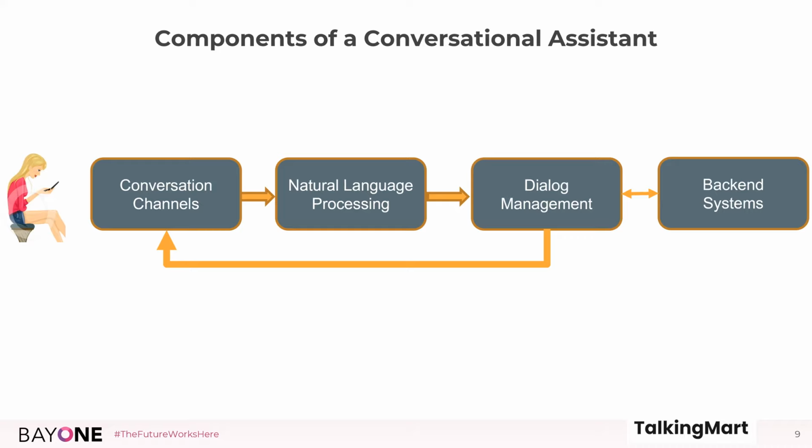Let's now dive a little deeper into what are the key components, key architectural components of a conversational assistant. Okay. The way I see it is it breaks down into 4 sort of major components of the system. And you will see this is not exactly path-breaking knowledge.